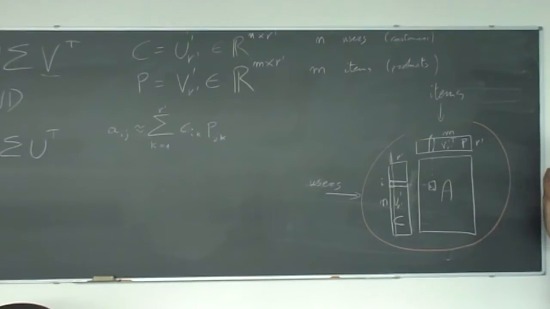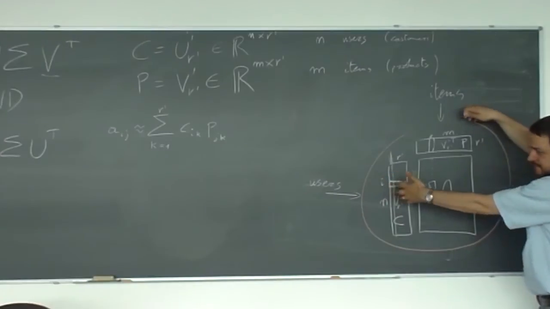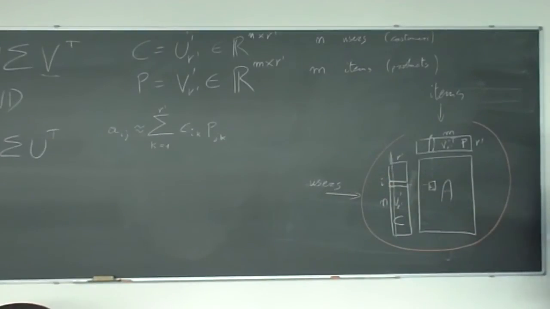In fact, when you speak of documents and terms, the elements of the matrix usually represent somehow the frequency of the term within a document.